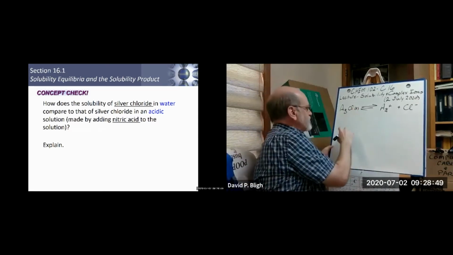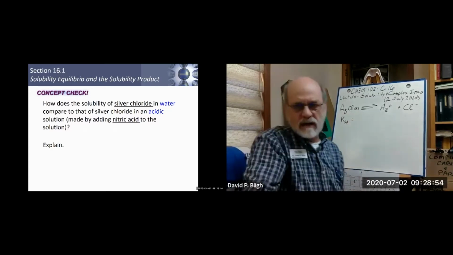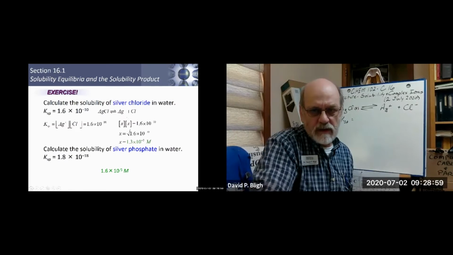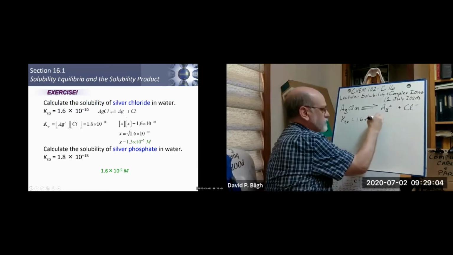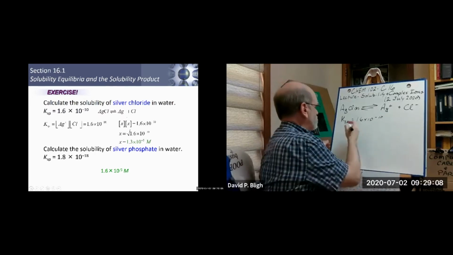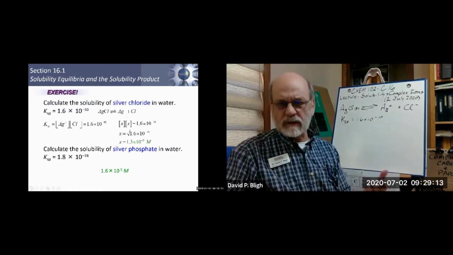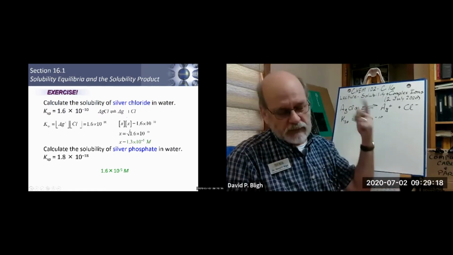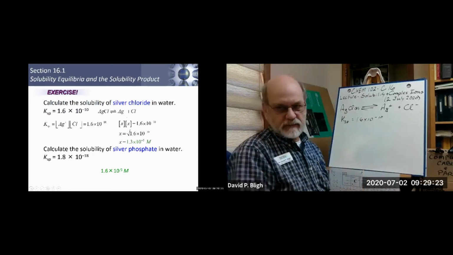And we found that the, let's see, the KSP, I might have to back up. KSP is 1.6 times 10 to the minus 10, is it? And the solubility, and in your book, and I think in the review document, we use a small s for solubility. Right?